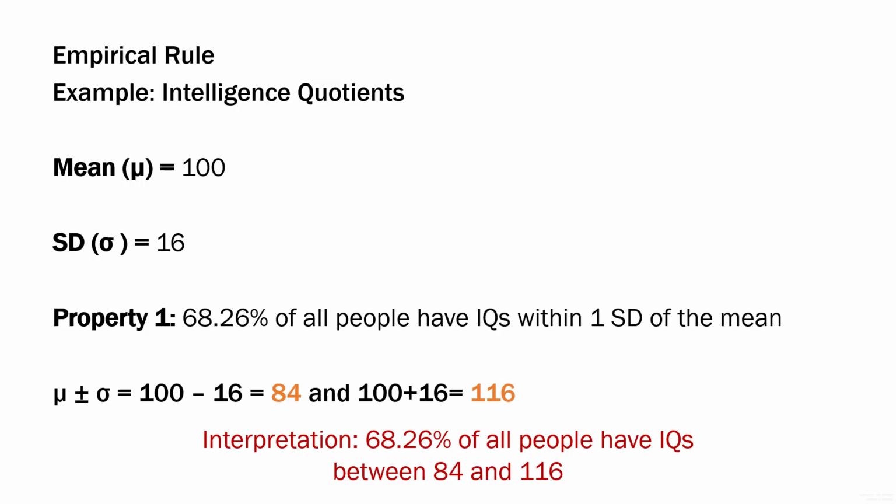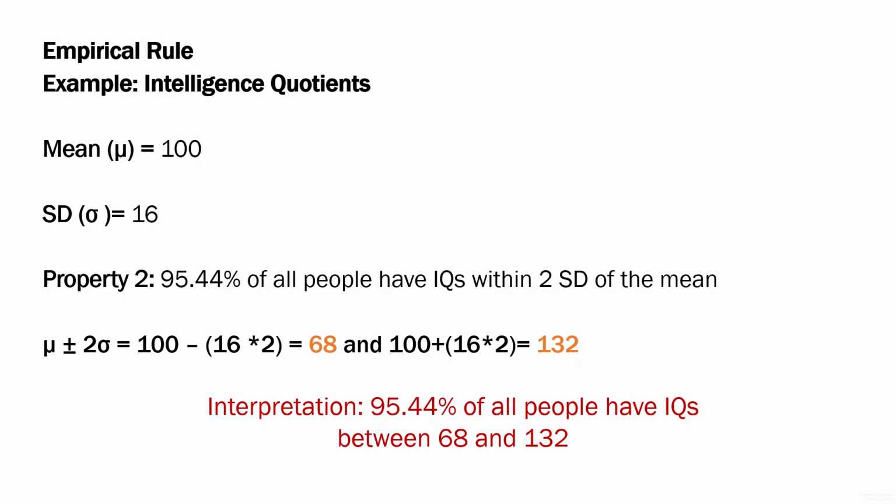We'll take mu plus or minus 1 times our standard deviation. The 1 isn't written in here because you don't have to put it in; it's an automatic assumption. With 2 and 3, though, you will put the 2 in, you will put the 3 in. So mu 100 minus 16 is equal to 84. That's the lower limit of the IQs. And then 100 plus 16 times 1, which is 16, is equal to 116. The interpretation here is that 68.26% of all people have IQs between 84 and 116.